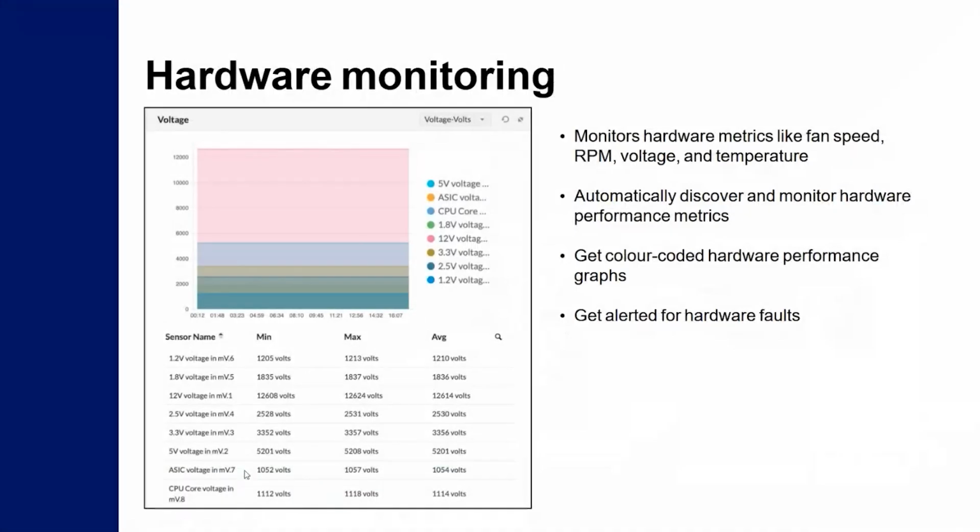So the next most important thing is hardware monitoring, which is often overlooked side of your network monitoring. So assume that you are monitoring your network devices, you are monitoring the performance metrics of your network devices, but it is also essential that you need to monitor the hardware of your servers or your network devices as well.